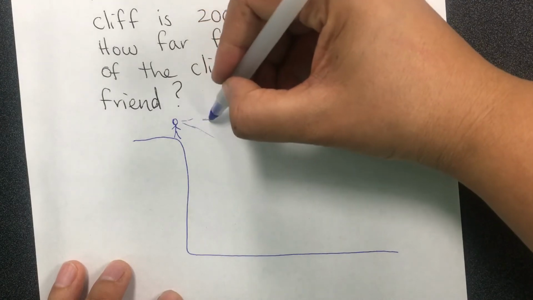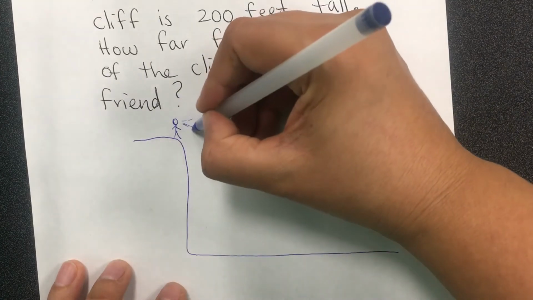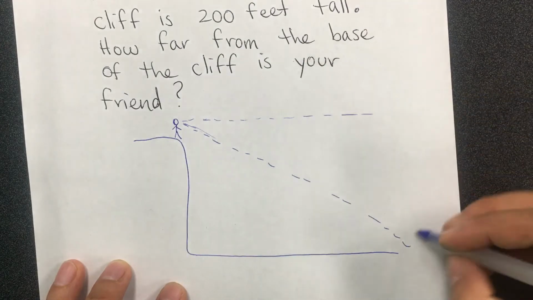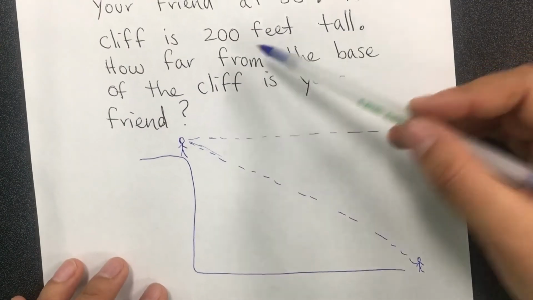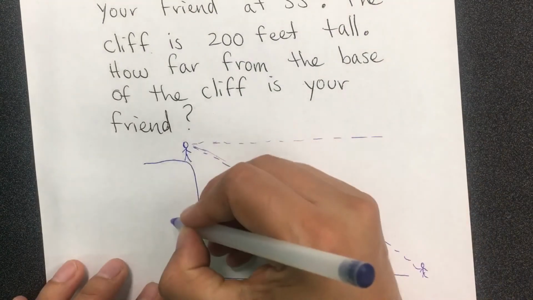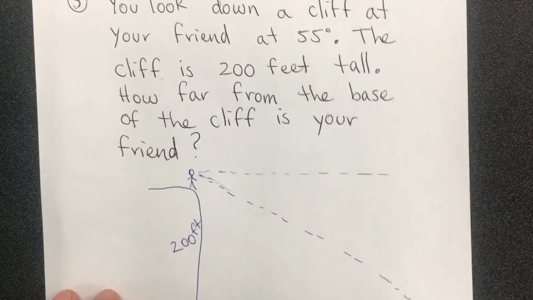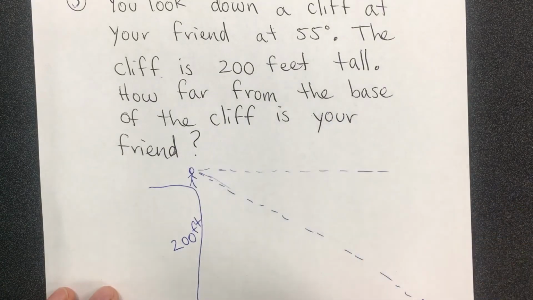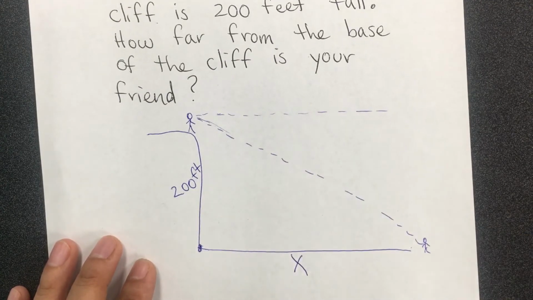Let's say that if you were to look straight, you will look this way, but you're lowering your vision to look at your friend who is down here, okay? Something else that they tell you is that the cliff is 200 feet tall. And I don't think this might be proportional, but that's another piece of information. And then it says, how far from the base of the cliff is your friend? So from the base right here to your friend, how far is that?